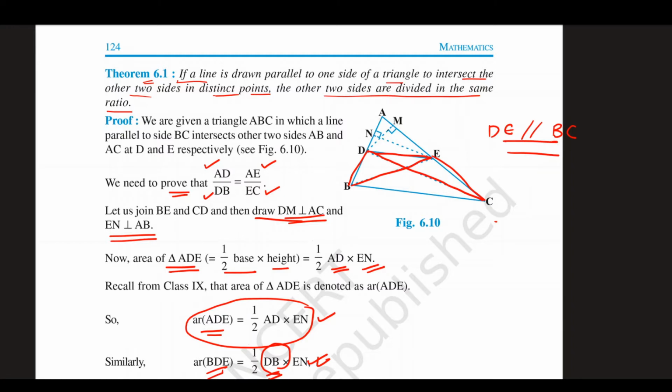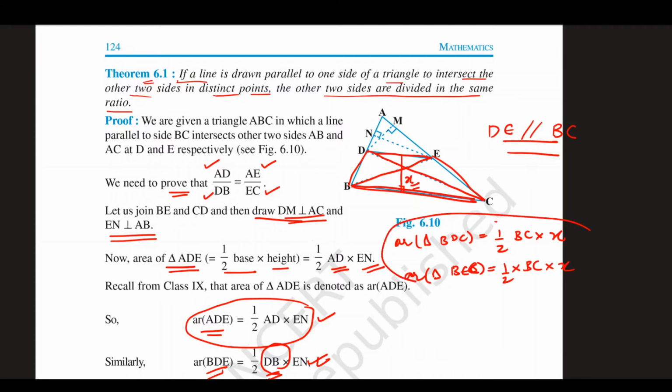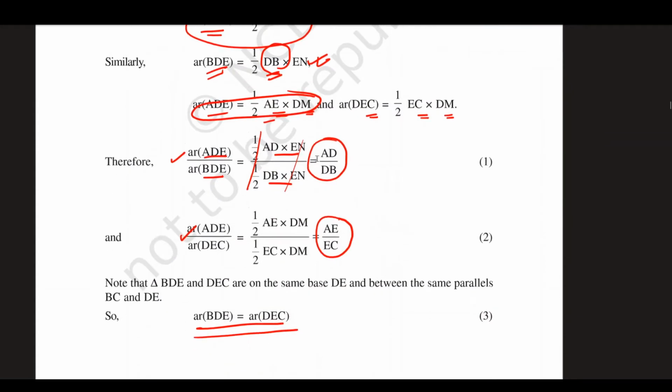So if we make a perpendicular from this to this, let's say its length is x, and we have the same base BC for both cases. So the area of triangle BDC will be half into BC into x. The area of triangle BEC is also half into BC into x. So these two areas are the same.